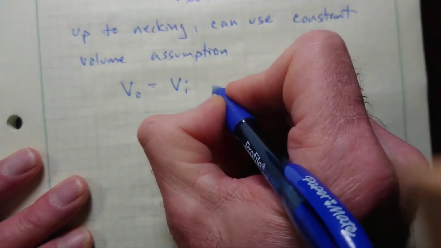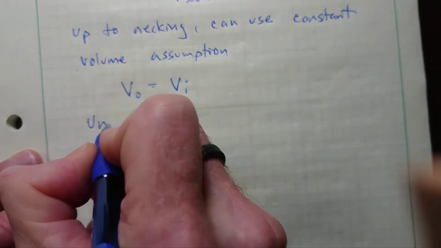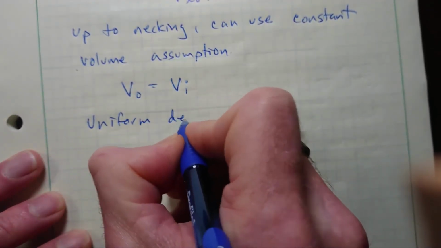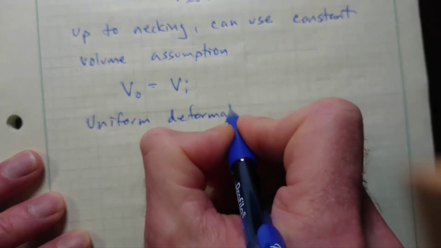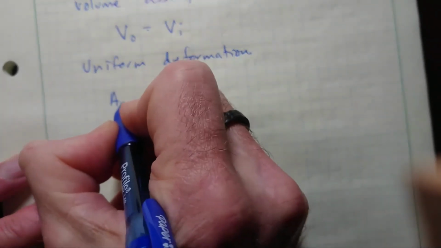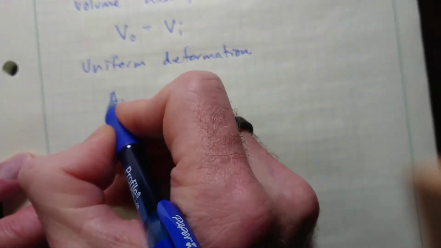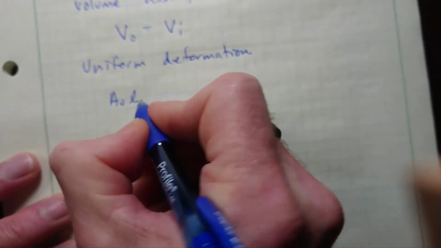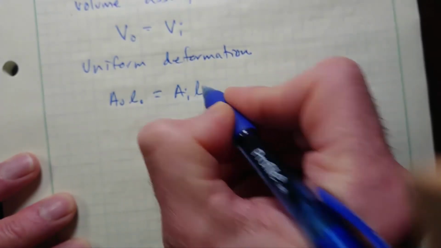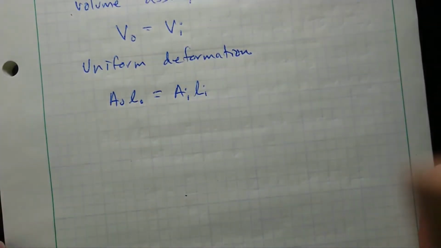And under uniform deformation, which is up to necking, then the first volume is just the area of the sample times its length, A0 L0, and that's equal to the area at any particular time times the actual gauge length, Ai Li, like that.